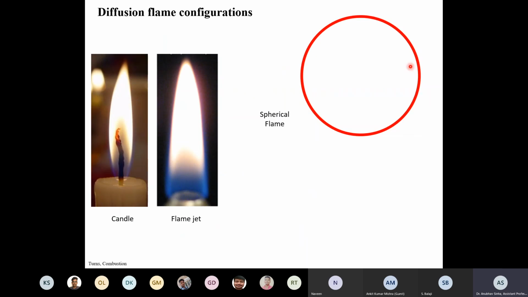So how is it possible to get a spherical flame in diffusion? Anyone, any configuration you want to guess? Filling the spherical bomb with fuel and having an oxidizing injector at the center might probably work.